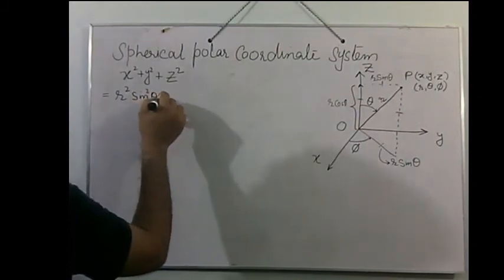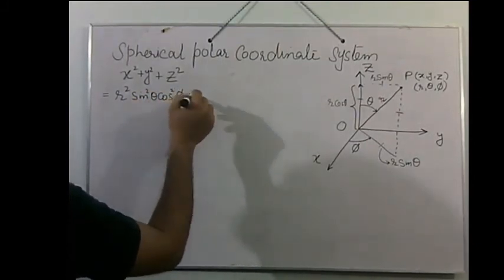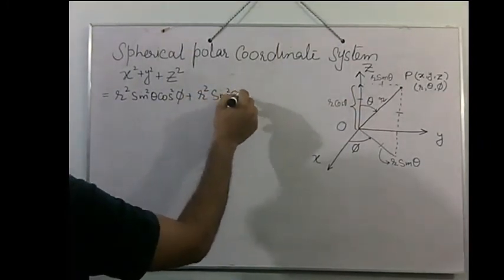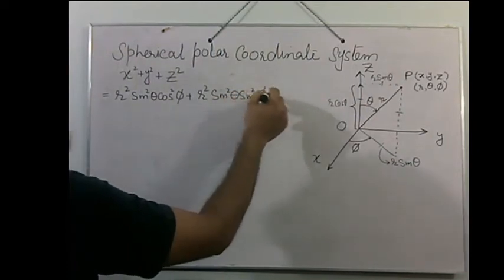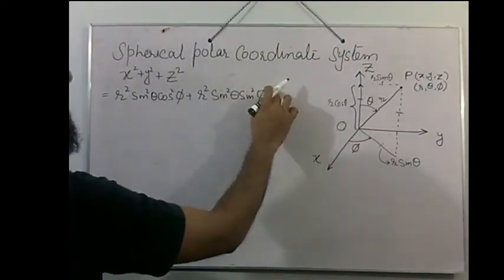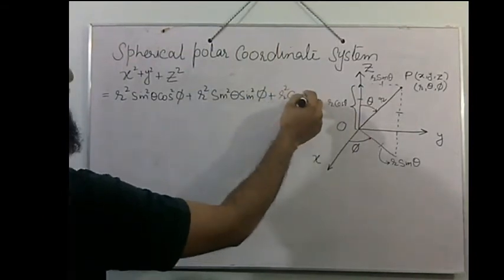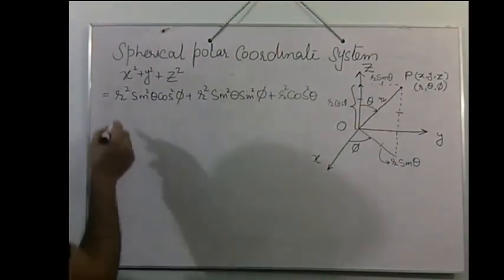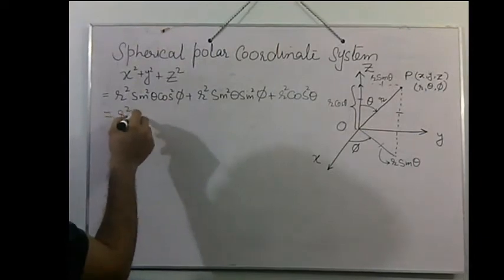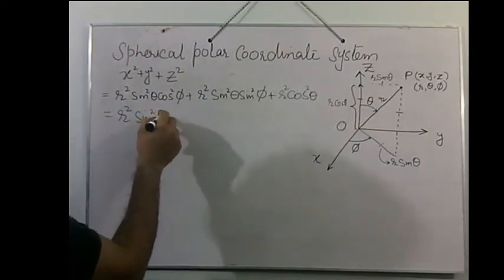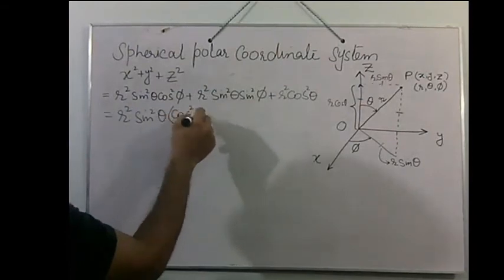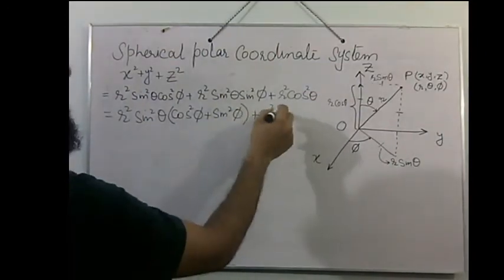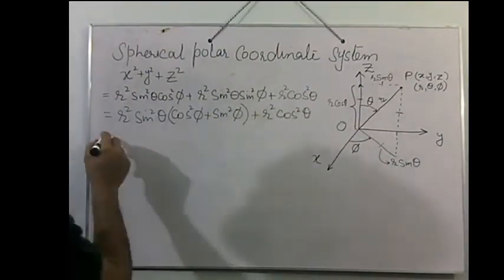sin square theta cos square phi plus r square sin square theta sin square phi plus r square cos square theta. Taking common r square sin square theta, we have cos square phi plus sin square phi, plus r square cos square theta.